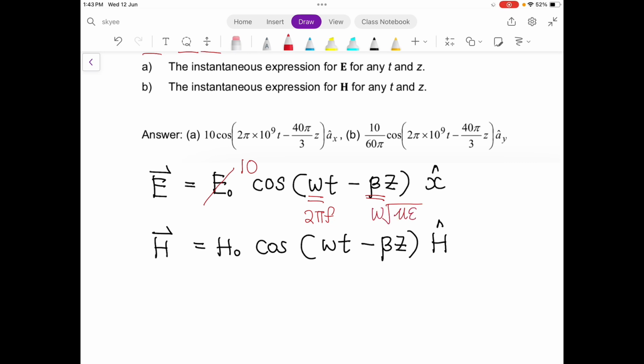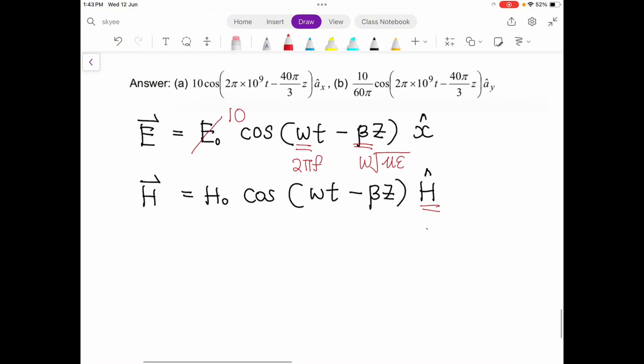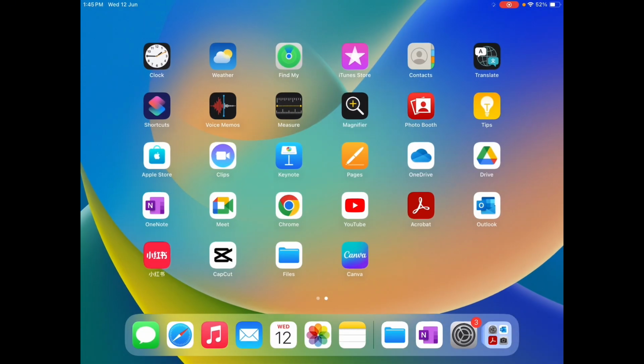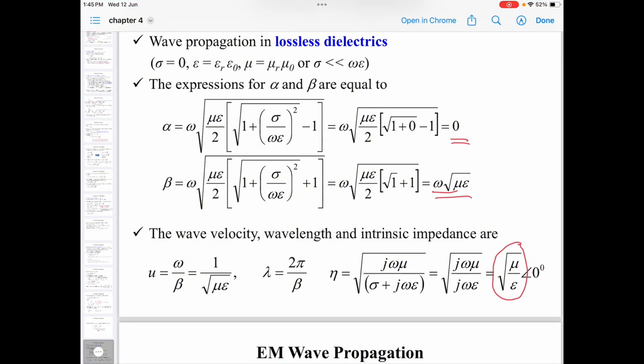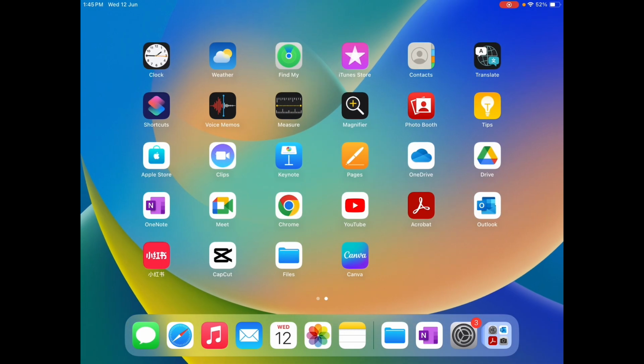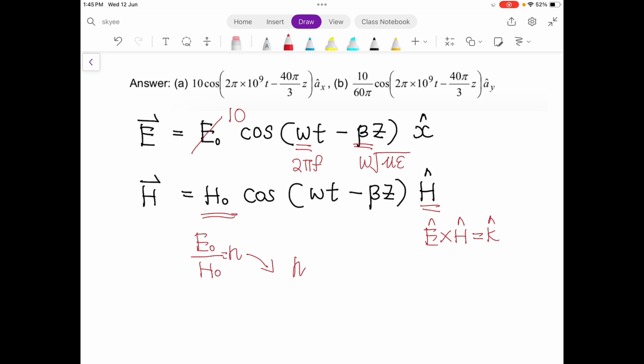And this one you can find out by using these equations, equal to eta. So we have to find the eta. The eta for lossless will be square root mu over epsilon.